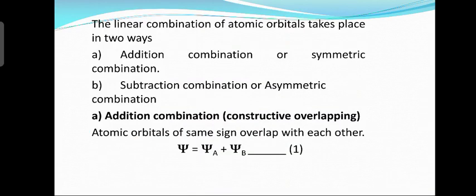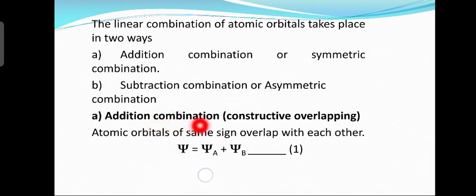Alright, next slide. Linear combination of atomic orbitals takes place in two ways: addition combination, also called symmetric combination, and subtraction combination, or asymmetric combination. So, two types of combination, symmetric and asymmetric, or addition and subtraction.